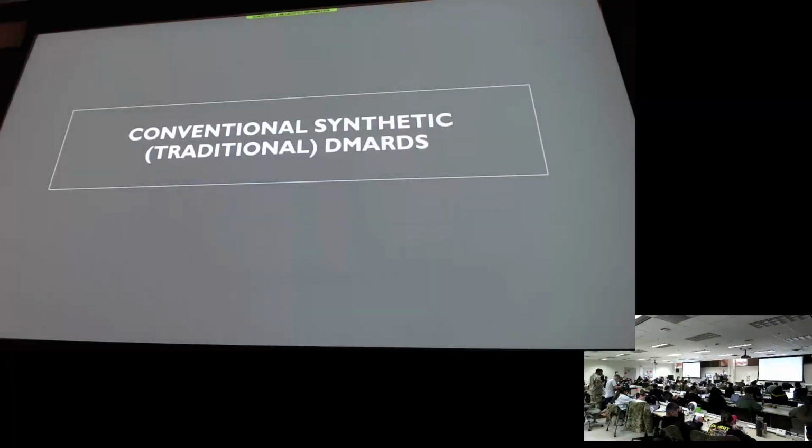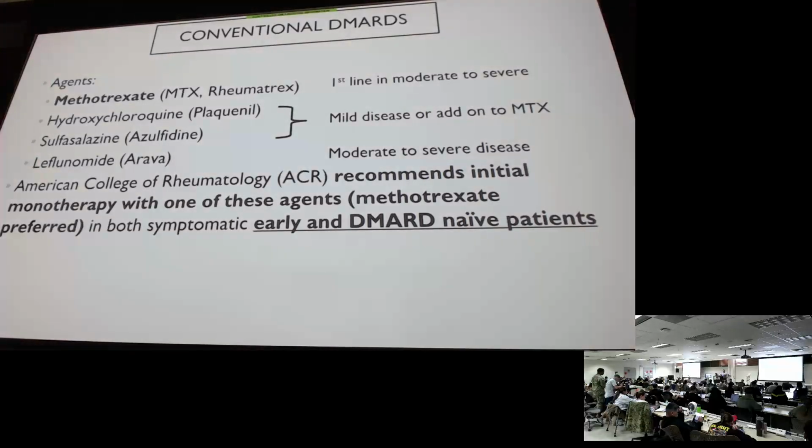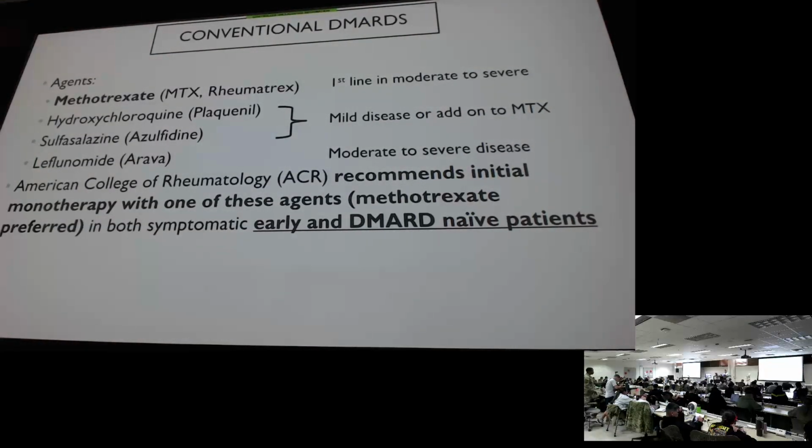So conventional synthetic or traditional DMARDs. Methotrexate, first line, moderate to severe. Can also use it first line, mild. The others in the conventional class: hydroxychloroquine, the sulfasalazine, or the leflunomide. Those are the two in the middle, usually mild disease, or you can add it on to the methotrexate.